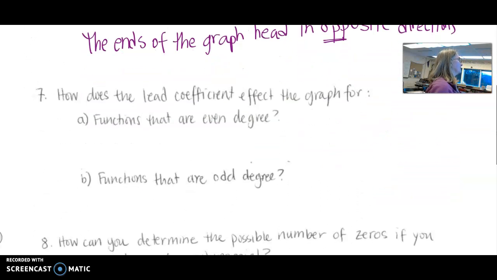Okay, now reflect on this one. How does the lead coefficient affect the graph for functions that are of even degree? So go back and look at the graphs, the 2nd degree polynomial, the quadratic, and the 4th degree. In one situation, both ends go up, and in the other, both ends go down. Look at the lead coefficient.